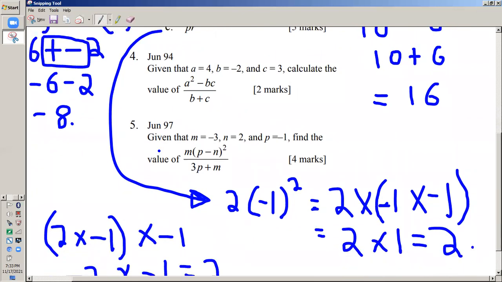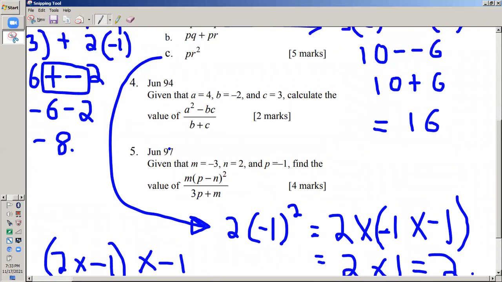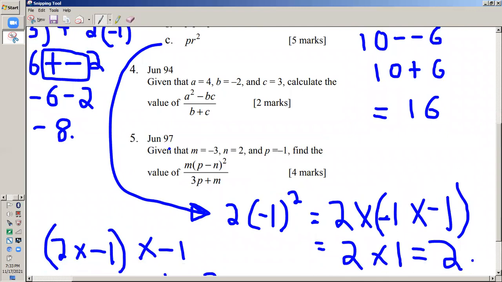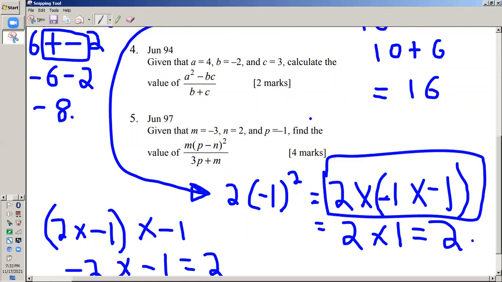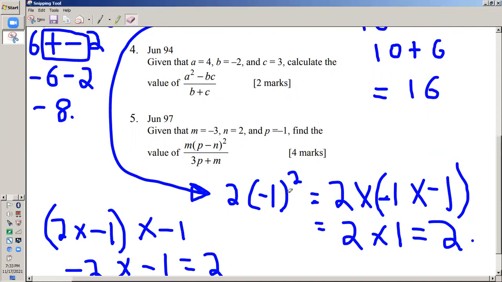Yes, sir. All right. Which part is not following? Do you understand this? The setting out? That is what I'm trying to figure out, sir.